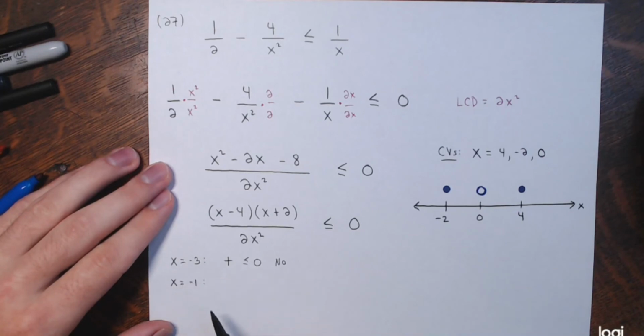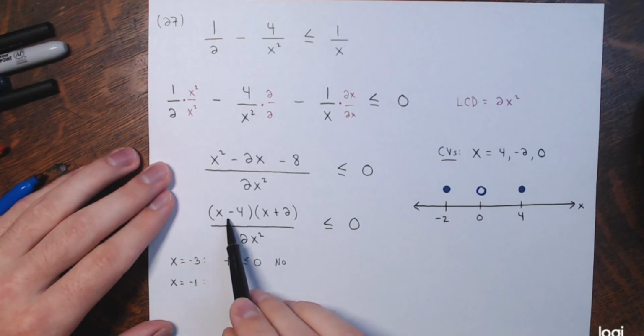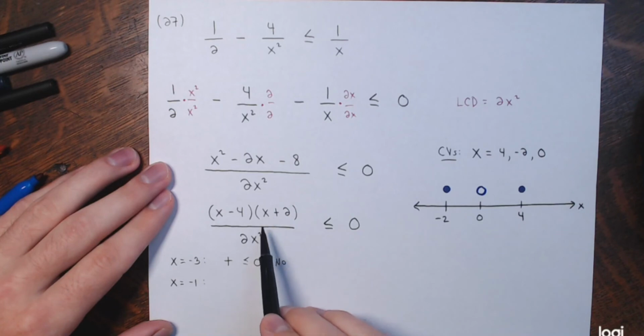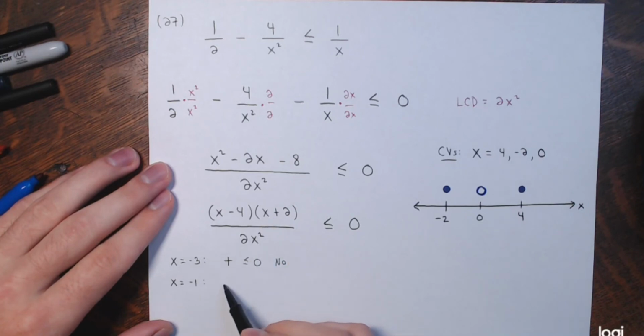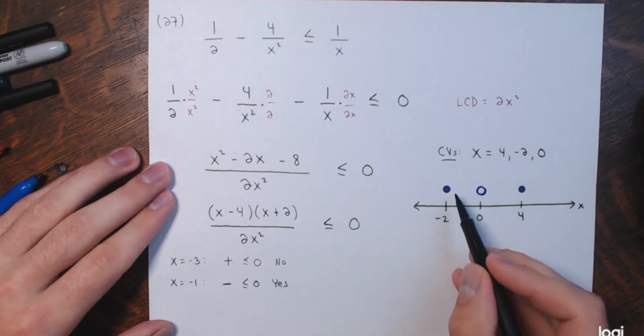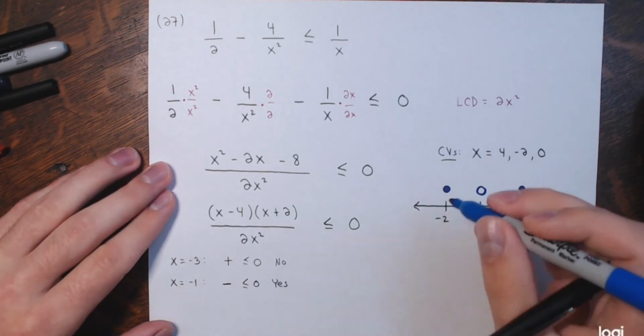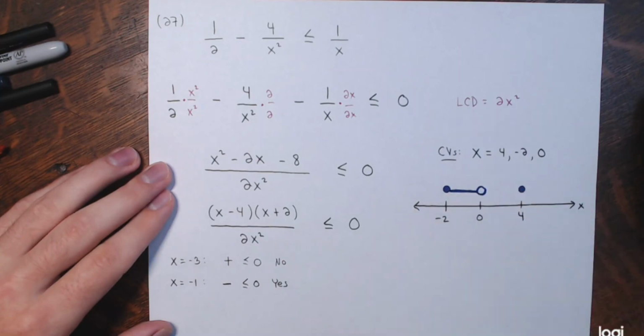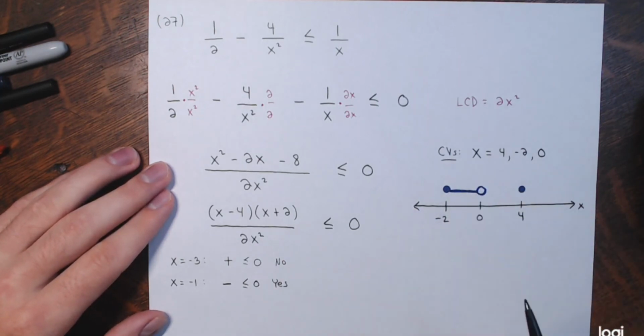If I plug in negative 1 for x, we'd have a negative times a positive, which would be negative, divided by positive. Negative divided by positive is negative. You'd have a negative number on the left is less than or equal to 0. That is true, right? Yes. So the numbers between negative 2 and 0 work in this inequality. So I marked that off in the graph there.